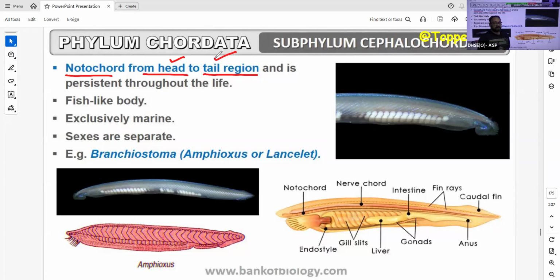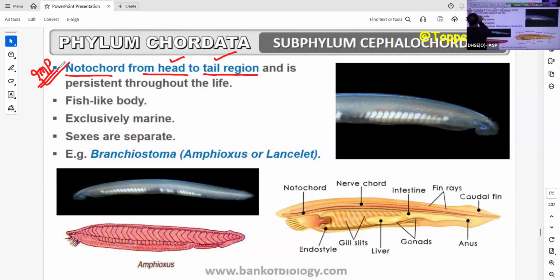Whereas in urochordates, it was only present in the tail section, and that also in the embryonic stage, not in adults. But here it will be present throughout the life and in the entire length of the body. Okay? So this is a very important difference separating the urochordates from cephalochordates. Okay?